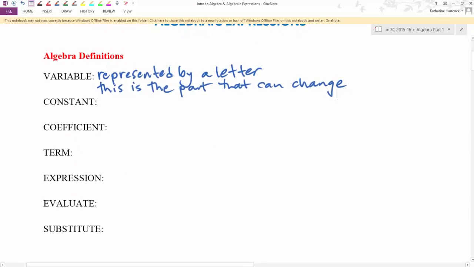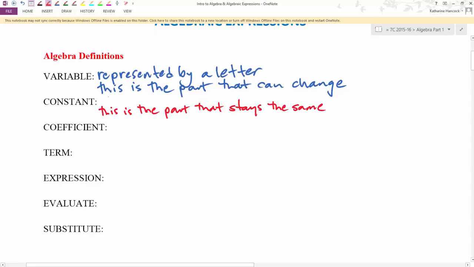The second part is going to be the constant. So if the variable is the part that can change, the constant is the part that stays the same. So this is the part that stays the same.